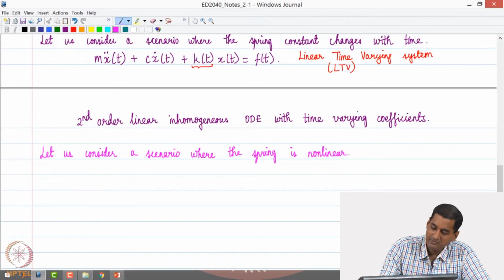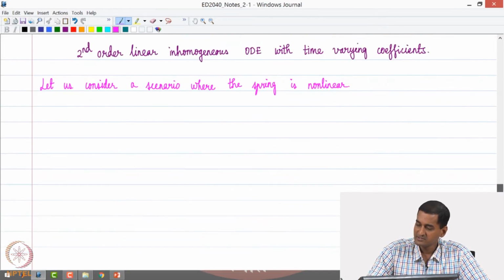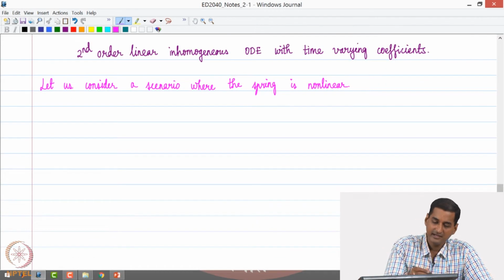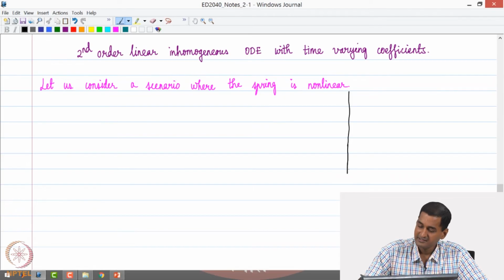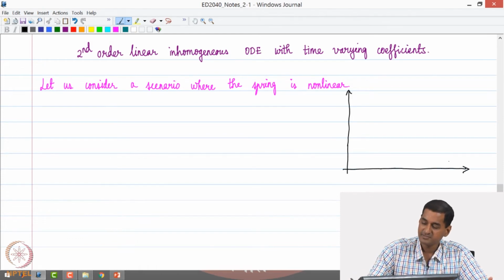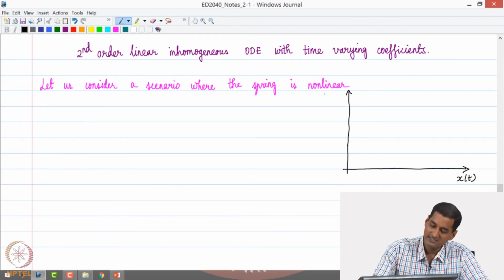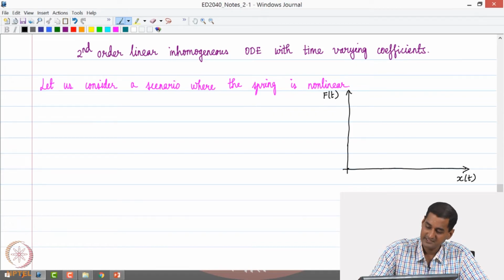So what do we mean by this? In many problems in practice, let us say a coil spring in some machine element, or even in our automotive suspensions, we take a spring and test it by giving a force and plotting the force displacement characteristics.